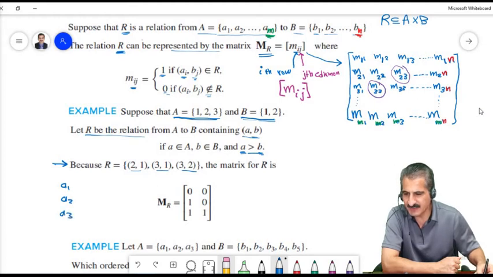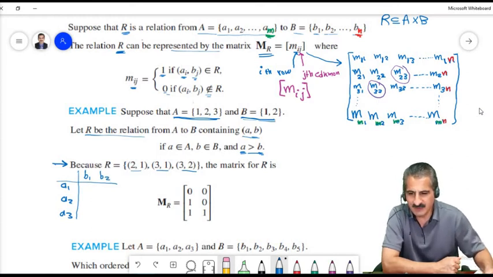These are the elements of A, and let's write the elements of B, which are B1 and B2. Okay, now, I mean by A1, A2, A3: A1 is 1, A2 is 2, A3 is 3, B1 is 1, and B2 is 2.